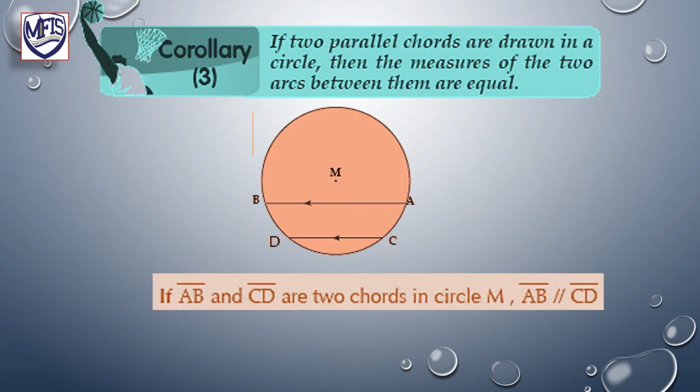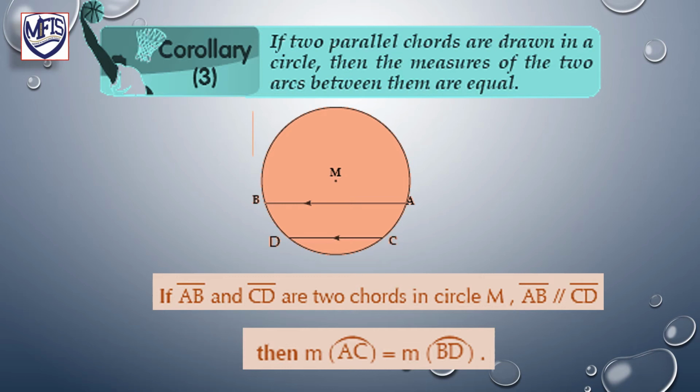If AB and CD are two chords in circle M and AB is parallel to CD, therefore measure arc AC equals measure arc BD, length of arc AC equals length of arc BD, and also the length of chord AC equals the length of chord BD.